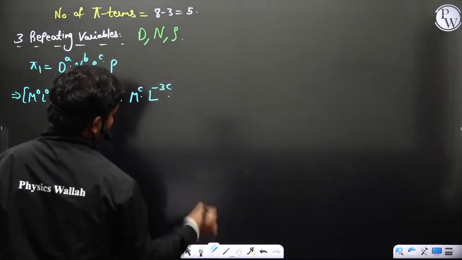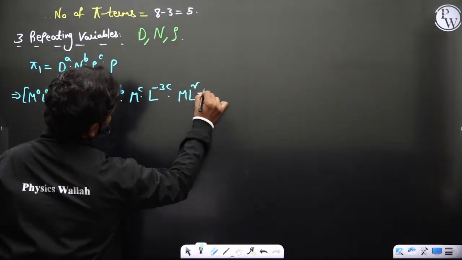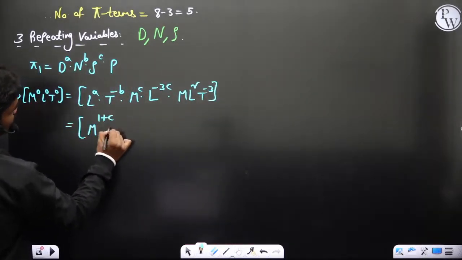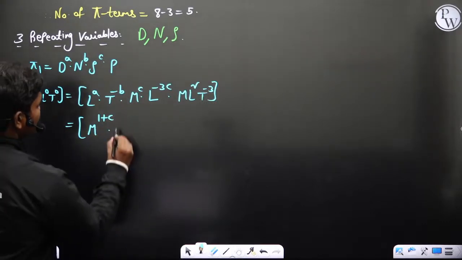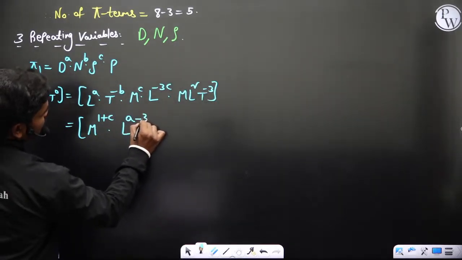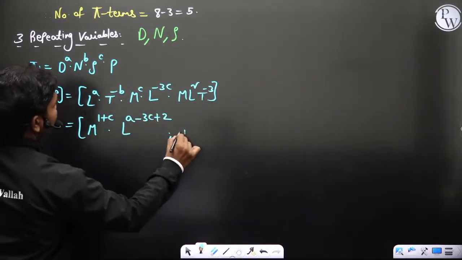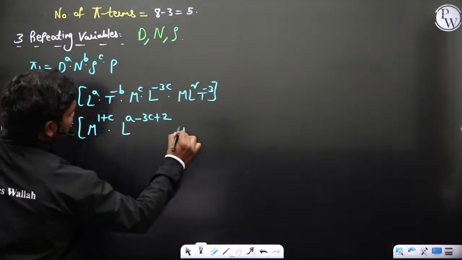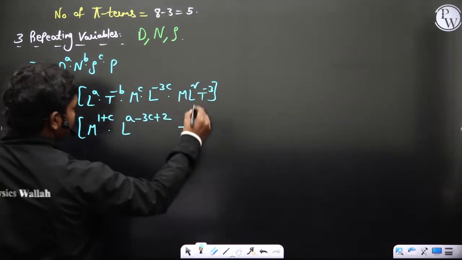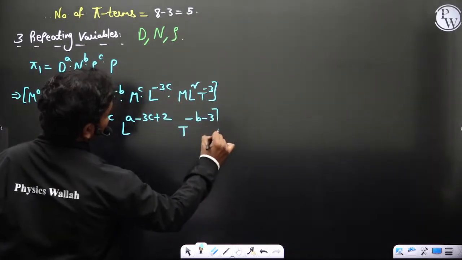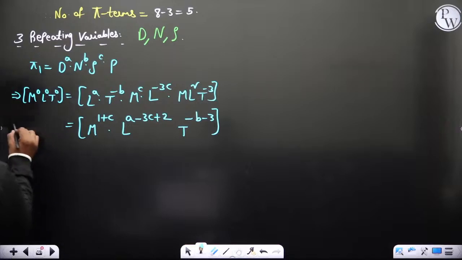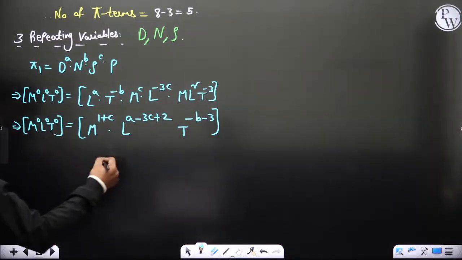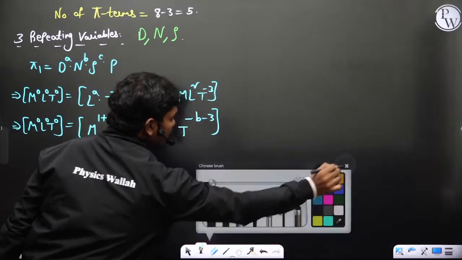So totally, if you put things together, M power 1 plus c, L power a minus 3c plus 2, and T power minus b minus 3. So these are the dimensions. On the left hand side, clearly there are no dimensions. This is dimensionless, M naught L naught T naught. If you equate the things, let's see what happens.